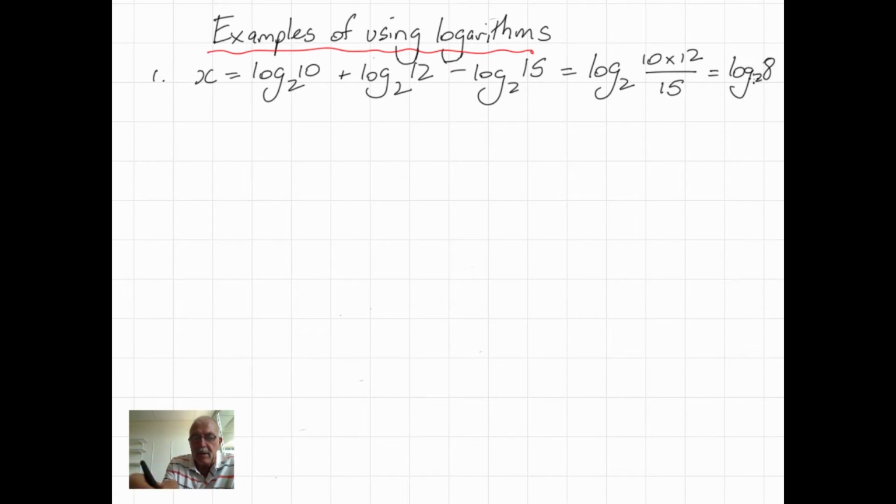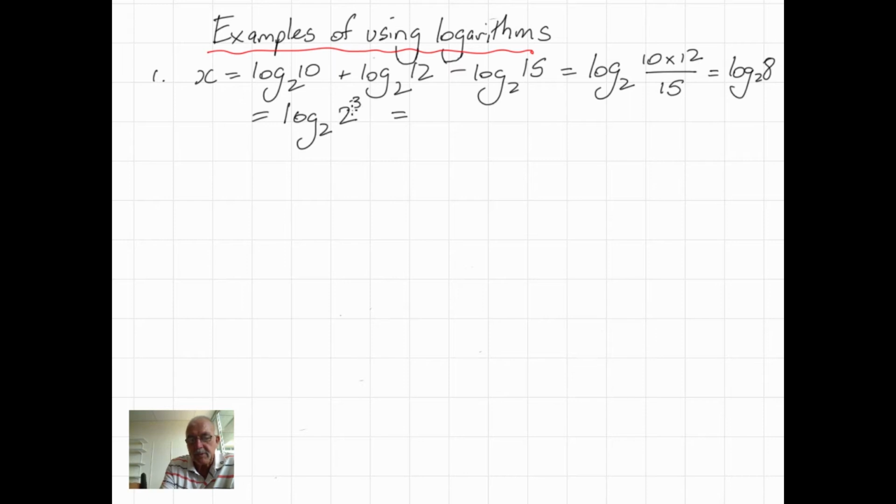Now from that you can either use your own idea: what is the power you've got to raise 2 to, to get the number 8? 2 to the power of 2 is 4, 2 to the power of 3 is 8, so the answer is 3. Or another way of looking at it: 8 is 2 to the power of 3.